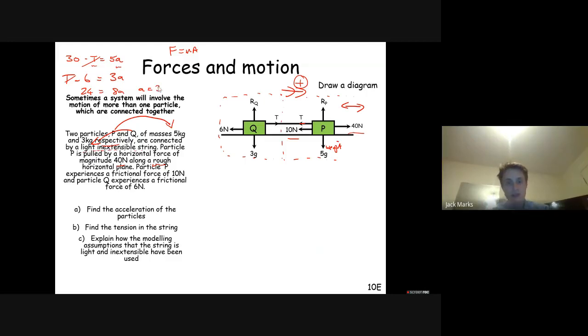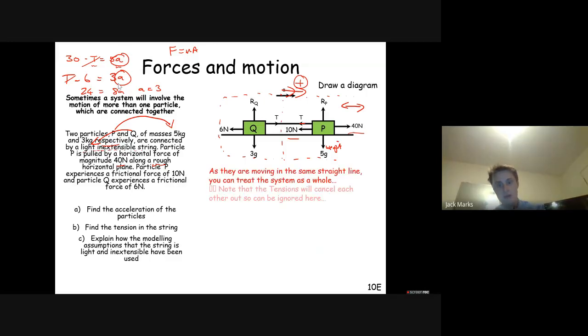You could look at the forces of the different particles separately, and together they give you acceleration. The acceleration is the same for both parts. Like we talked about with the car and the caravan at the beginning, the acceleration is felt throughout the whole system. The car and the caravan, P and Q, they have the same acceleration.